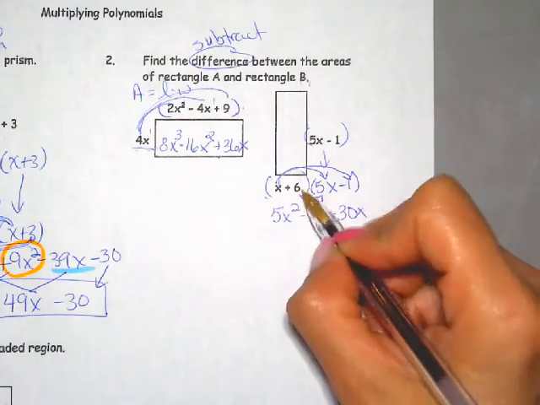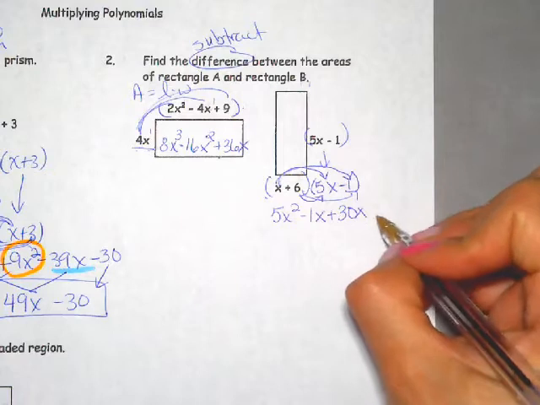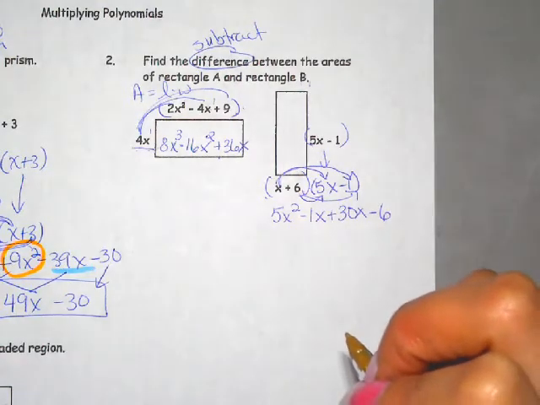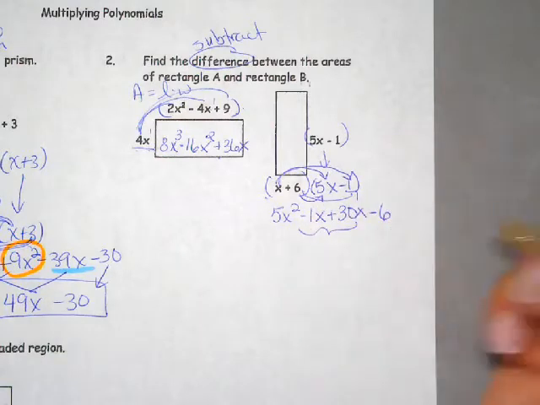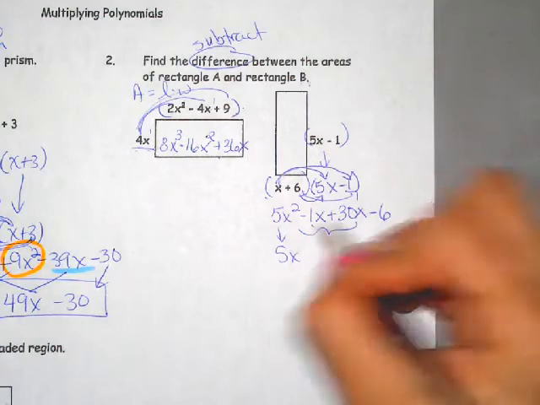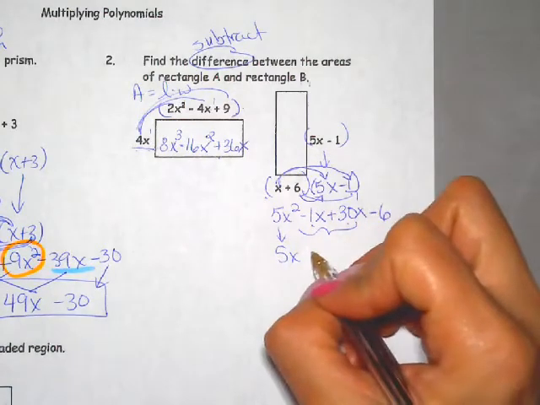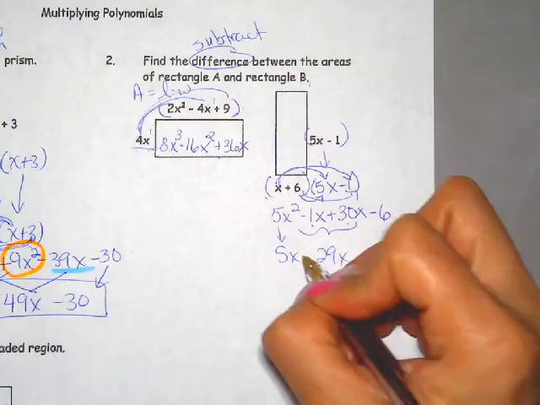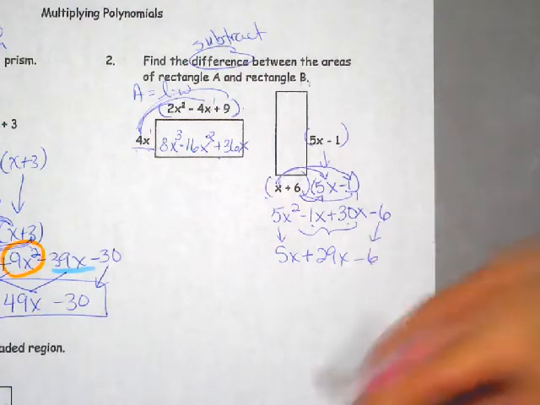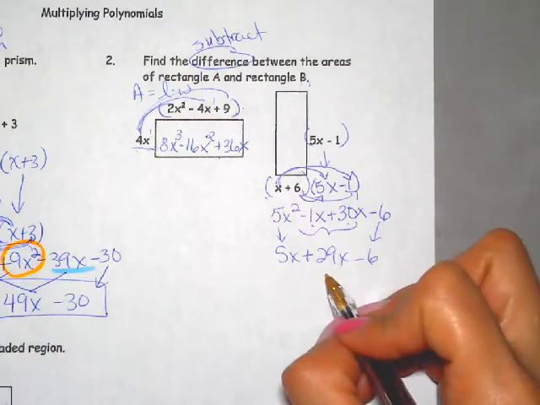And then 6 times negative 1, just negative 6, right? Alright, middle terms will combine because they're like terms. Bring down the 5x squared, negative 1 plus 30: same signs add and keep, different signs subtract. Keep the sign of the larger one, and that'll be 29x. Bring down the minus 6, and there's our area.